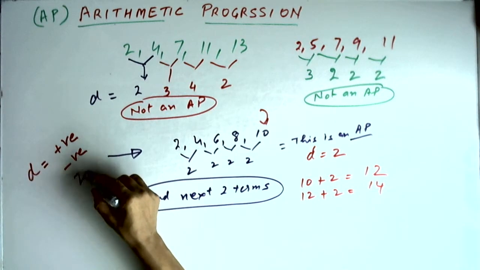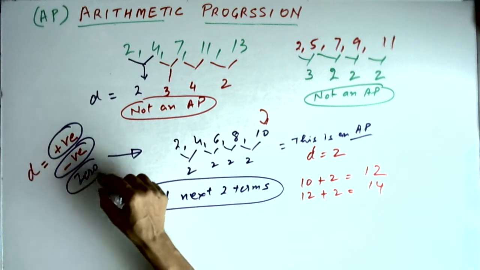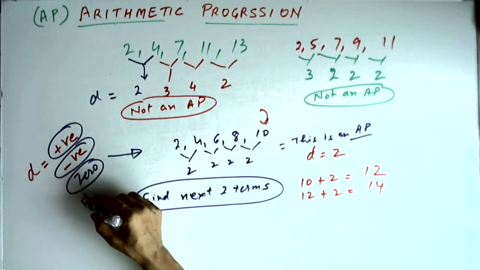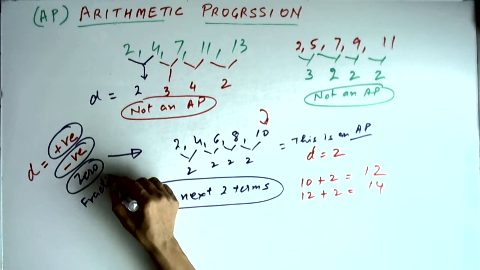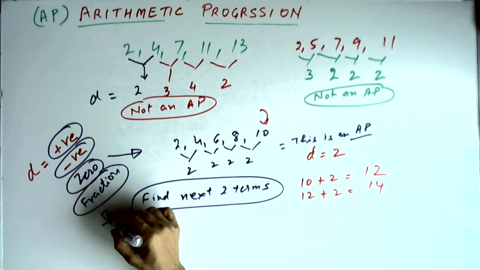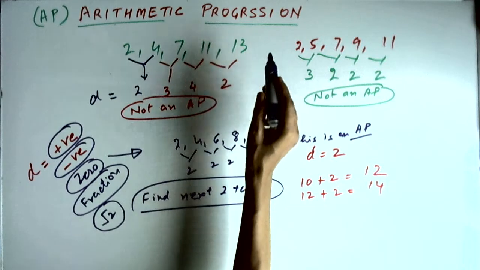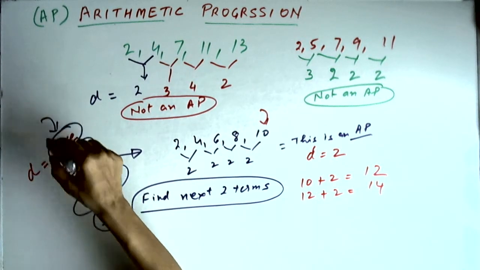It should be the same. It could be positive, negative, 0, a fraction, or even an irrational number like under root 2. But the difference should be the same. So it is not necessary that it will be only positive and an integer.